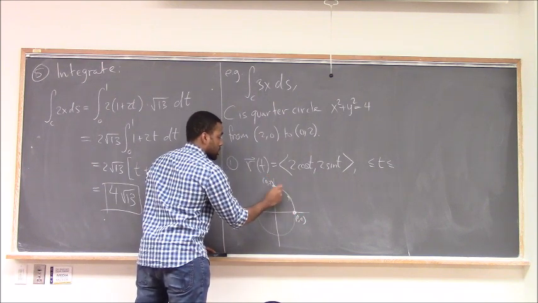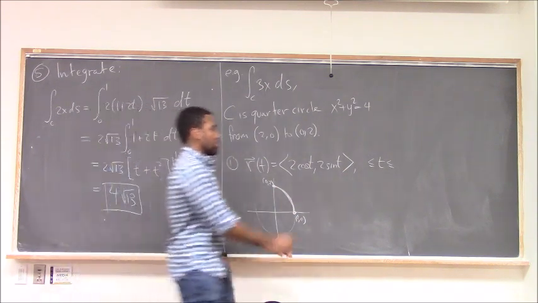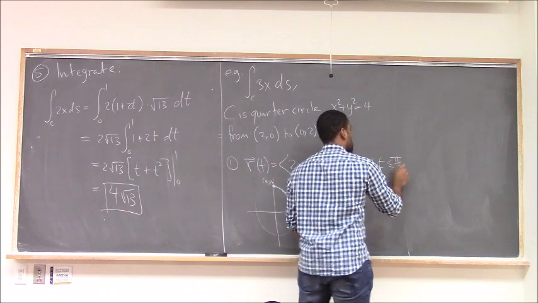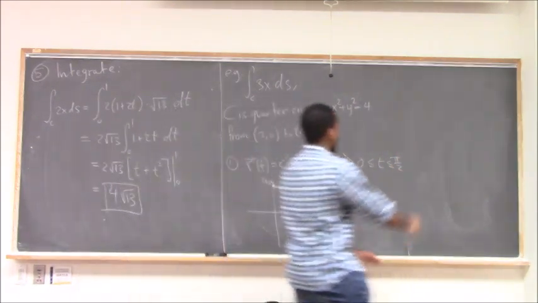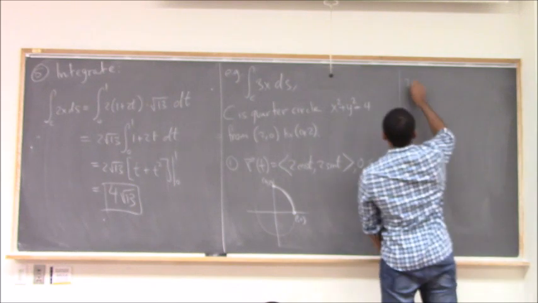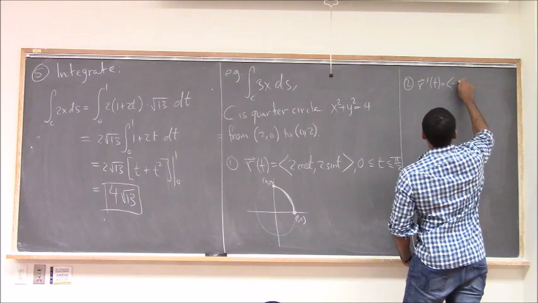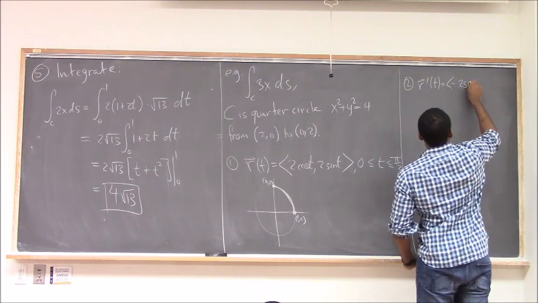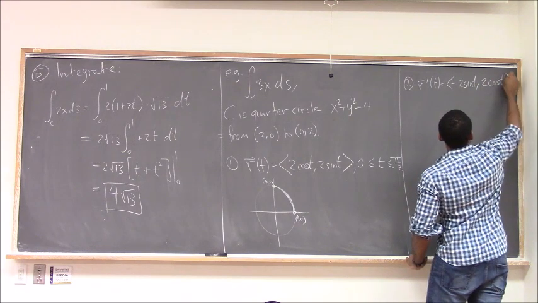So we only need this, the guy in the first quadrant. So it's 0 to pi over 2. Second thing we do is find our r prime: minus 2 sine t, 2 cosine t.